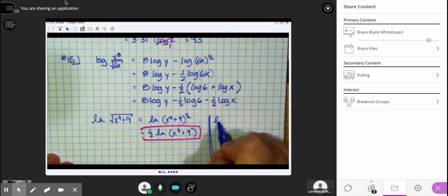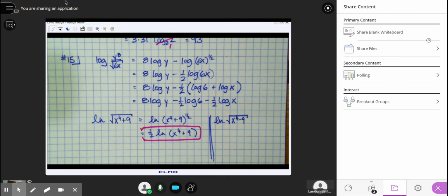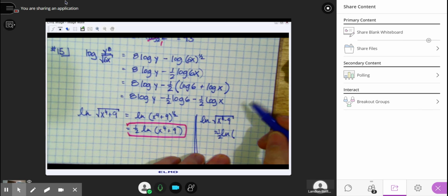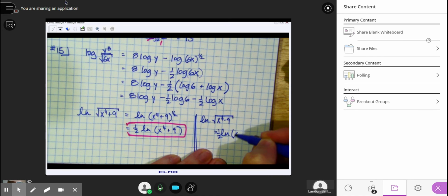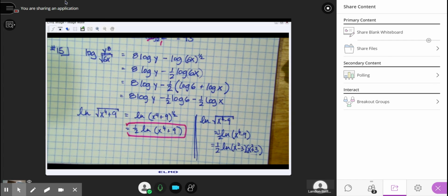Well, I just want to show you that if it had been ln x to the fourth minus 9, no, we wouldn't have had division, but x to the fourth minus 9 can be factored. And then I could have split that up.